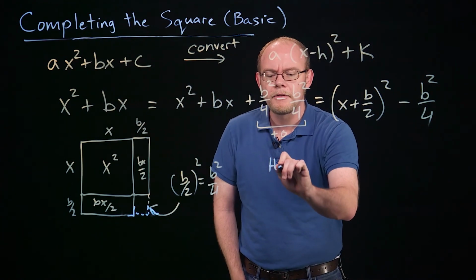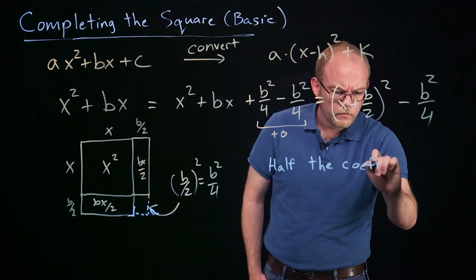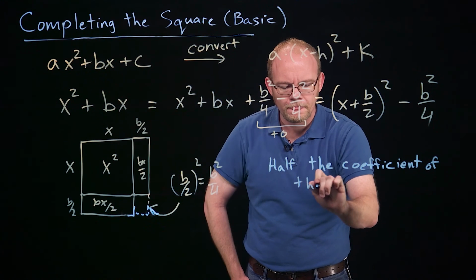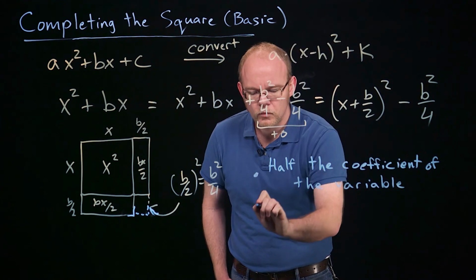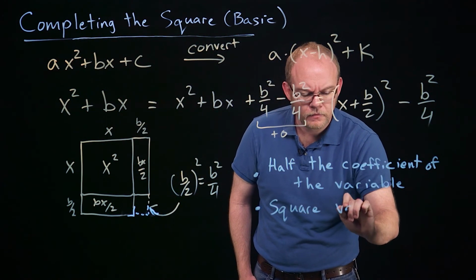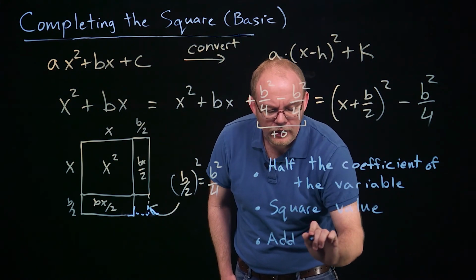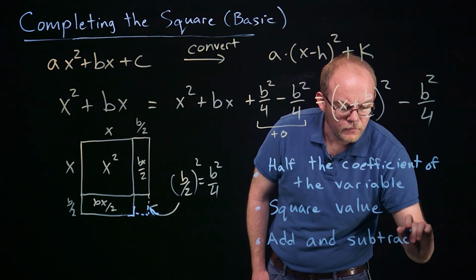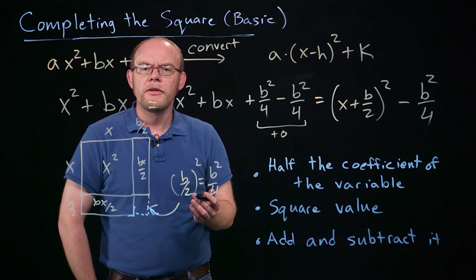So we half the coefficient of the variable, then we square that value, and then we add and subtract it. Okay, so that's the essence of a completing the square type procedure.